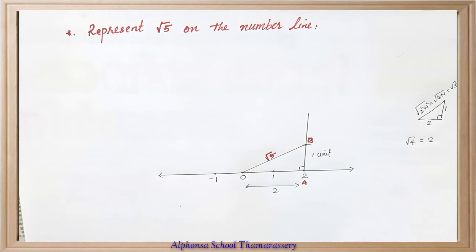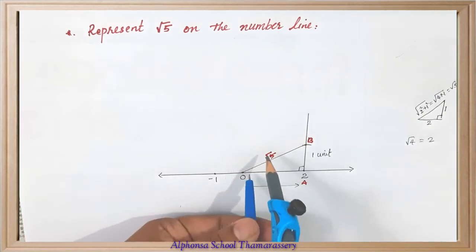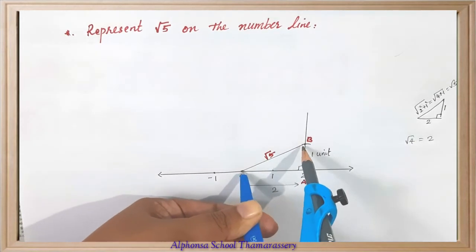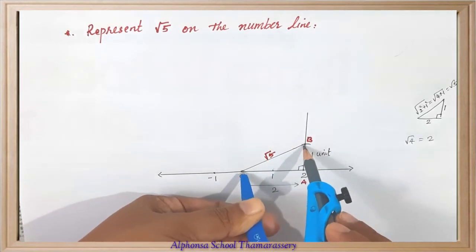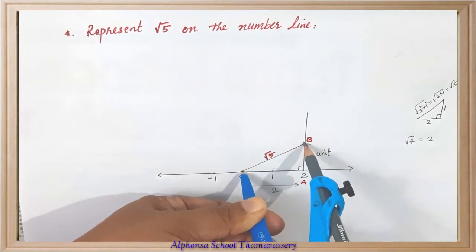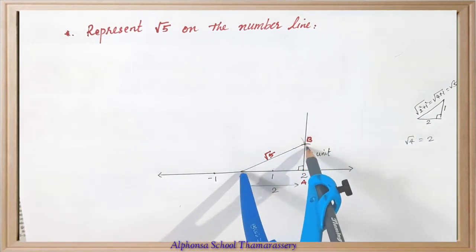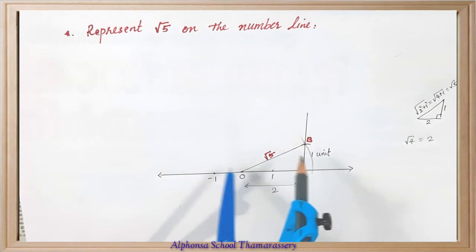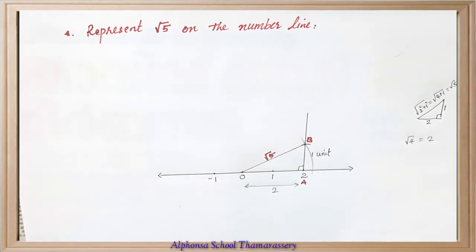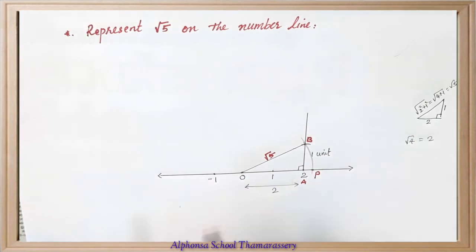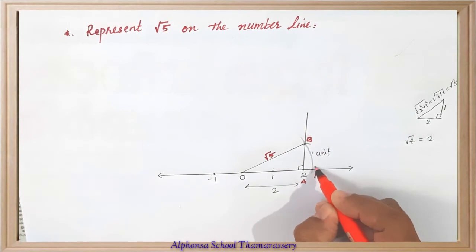Now you can take O as a center, OB as radius, draw one arc that will intersect the number line at one point. Mark that point as P. That point P represents root 5.